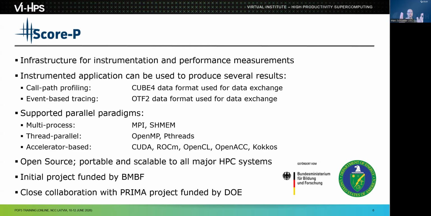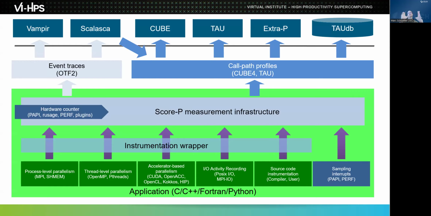Talking about general software design, it's open source. We are portable and scalable to all major HPC systems. It was originally a project funded by the BMBF and had some collaborations with the US on various projects. And this is basically an overview scheme of how our components interact.